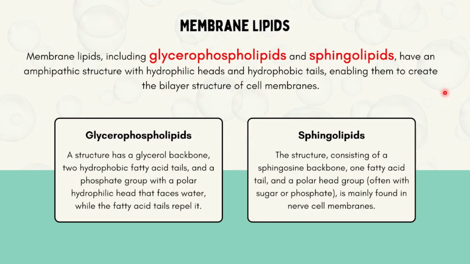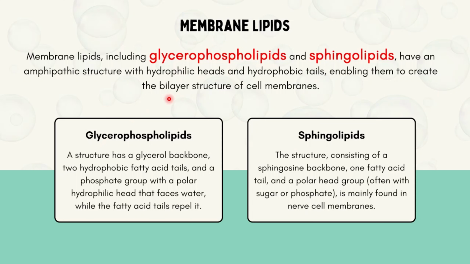There is another video on the channel specifically talking about cell membranes in a lot more detail. But for the sake of staying on theme with this video, we're just going to talk about the structures of glycerophospholipids and sphingolipids.